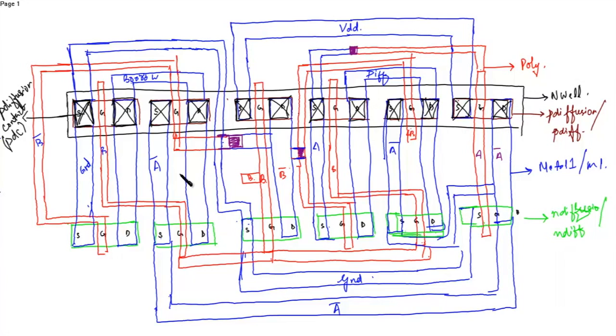Now the N diffusion layer is connected with the metal layer. In order to place a connection, you have to place a contact. This is an N diffusion contact. That is NDC.